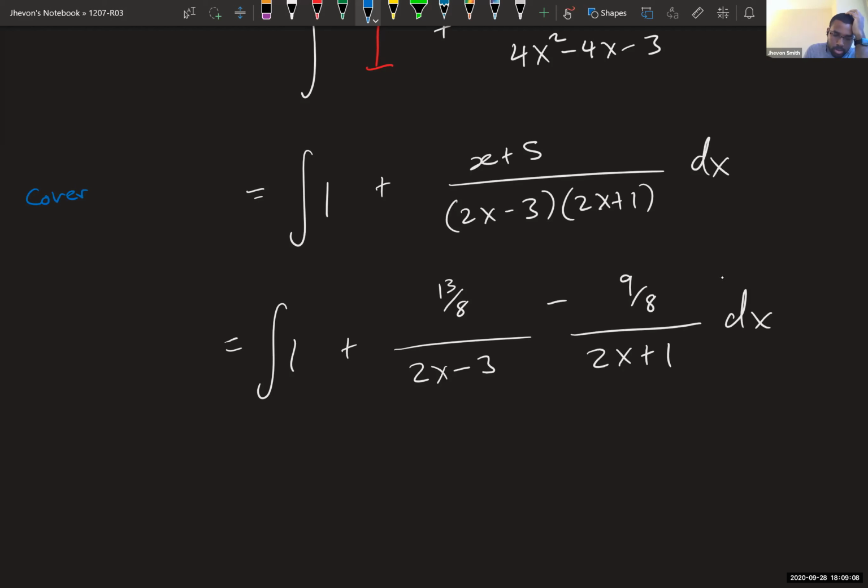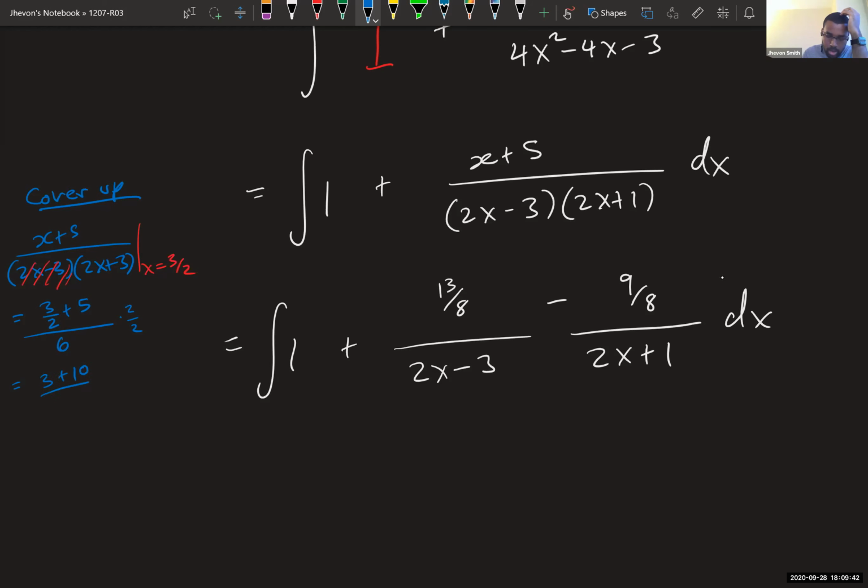So I could take the x plus 5 over 2x minus 3 times 2x plus 1, cover this up, plug in x equals 3 halves, and I would get 3 halves plus 5 over 4. Multiply top and bottom by 2, I would get 3 plus 10 over 8.